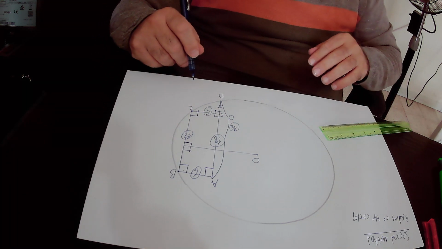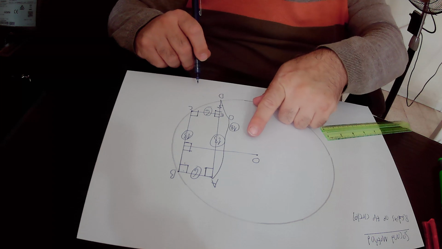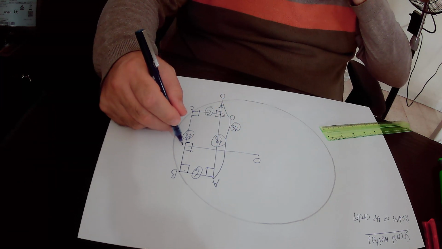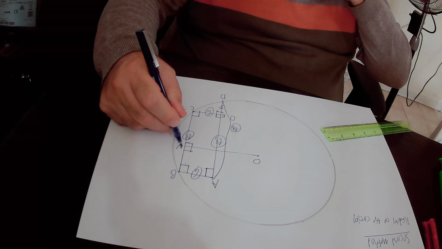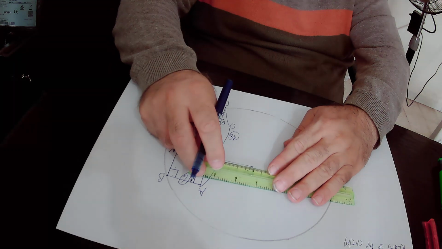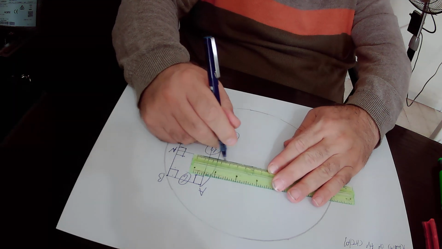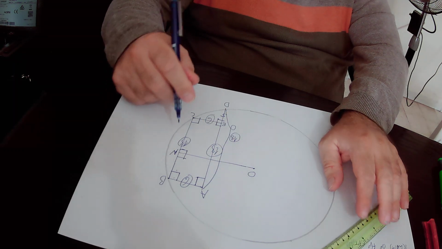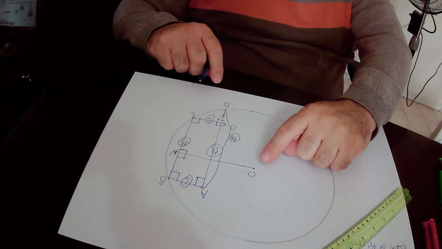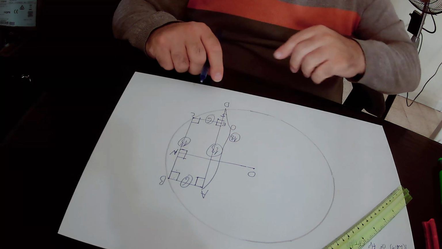We define the touching point of the perpendicular from point O and chord BC as capital N, and we define the touching point of the perpendicular from point O and AD as M.